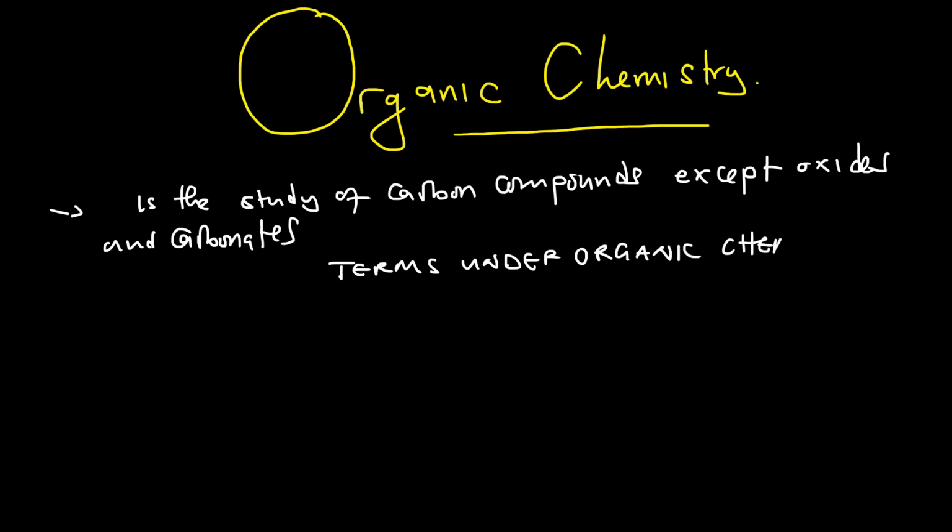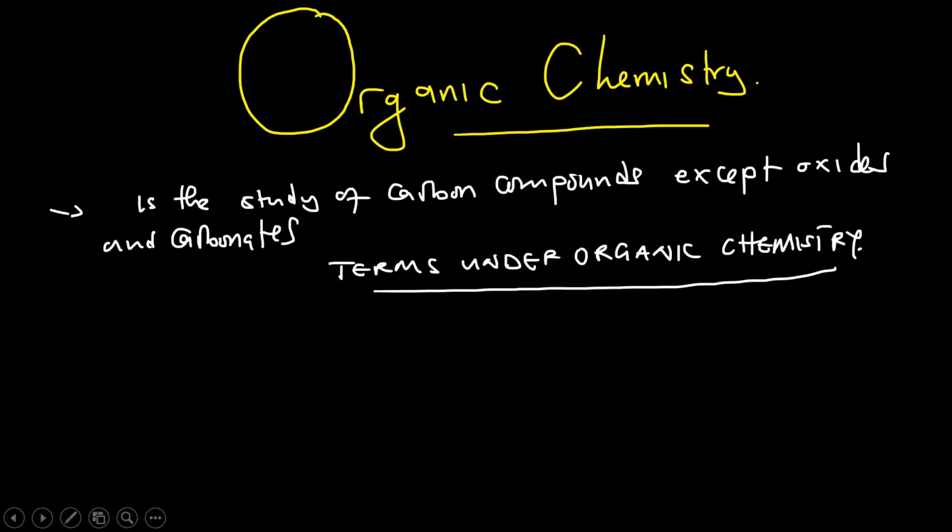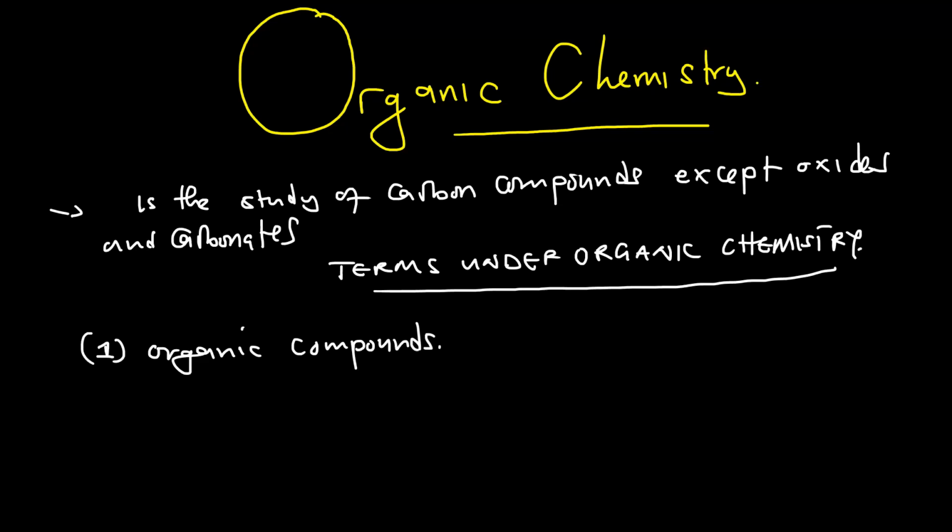What are some of the terms that we need to know as we go on studying this topic? Some of the terms we can look at: one, organic compounds. What are organic compounds?